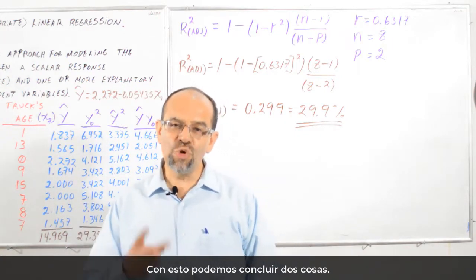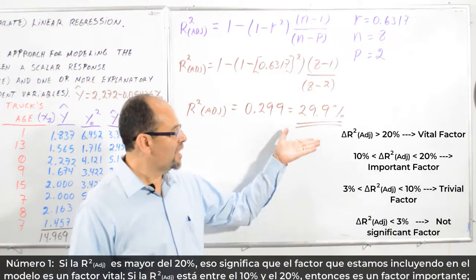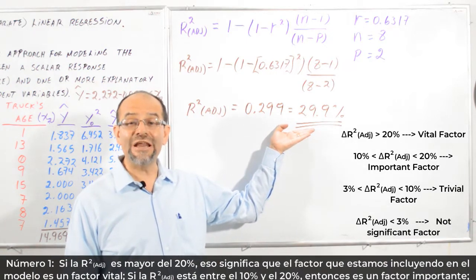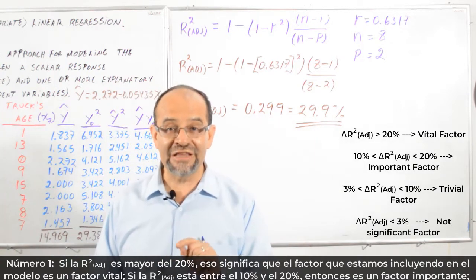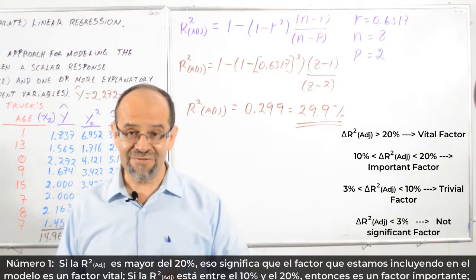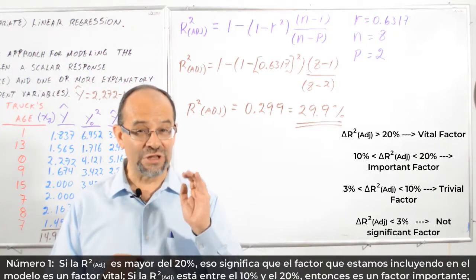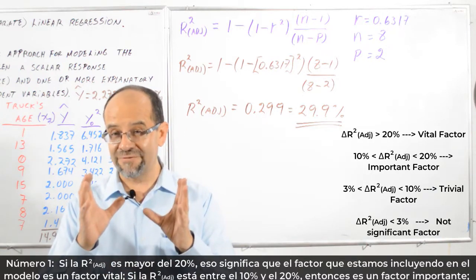And we can have 2 pieces of information from that one. Number 1, if the R-squared adjusted is greater than 20%, that means that the factor that we are including in the model is a vital factor. If the R-squared adjusted is between 10% and 20%, that is an important factor.